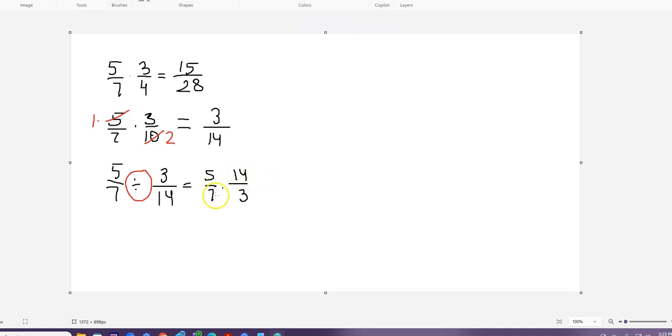So 7 is 7 times 1, and this is 7 times 2. When you cancel 7, you still have 1 left here. And you have 5 times 2, 10, and 1 times 3 is 3.